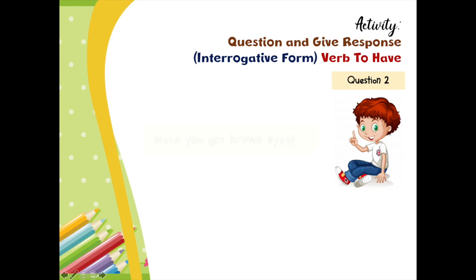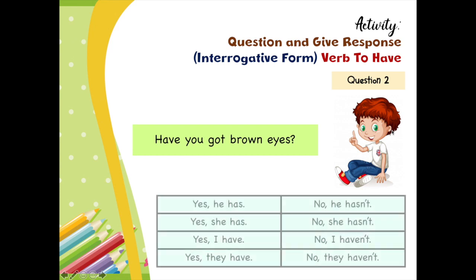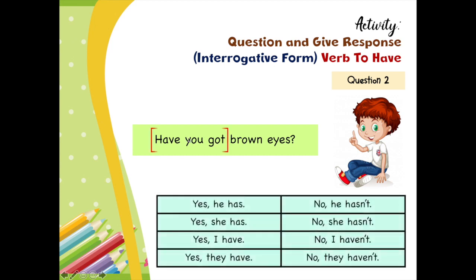Next, question 2. Look at the boy. The question is, have you got brown eyes? Look at the eyes here. The eyes are green and not brown. Again, look at the phrase here. Have you got? So have, you don't look at the answers has and hasn't. You just focus on these 4. Next is the subject pronoun you.